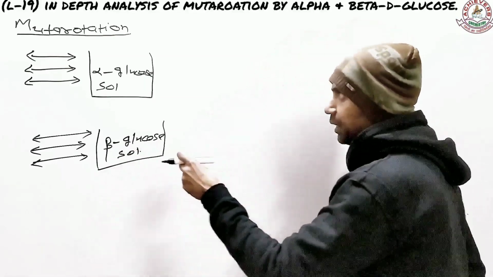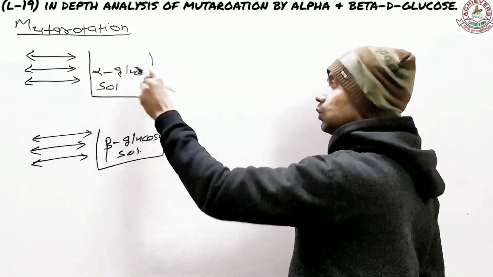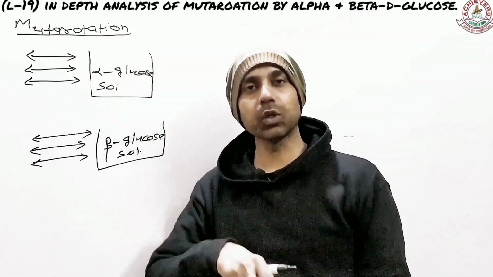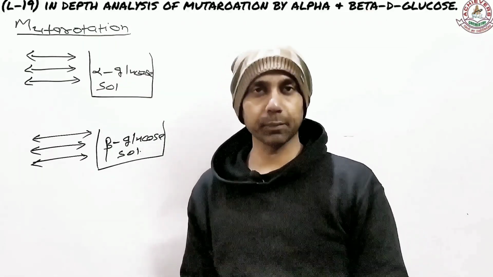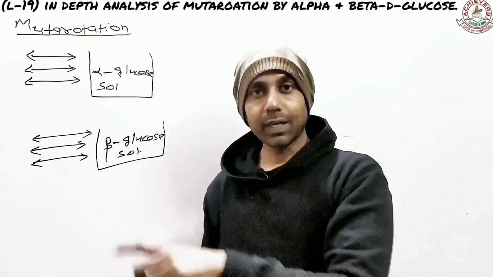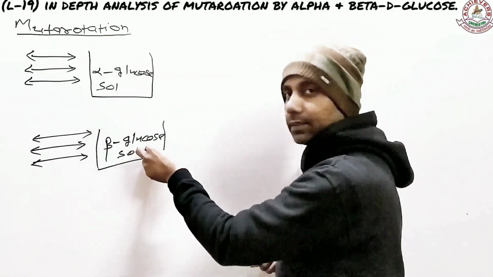Now, what happens when this plane polarized light passes through the alpha glucose solution? Both glucose forms are dextrorotatory, but the angle of rotation is different for each. The angle of rotation for alpha glucose solution is different, and for beta it is again different.